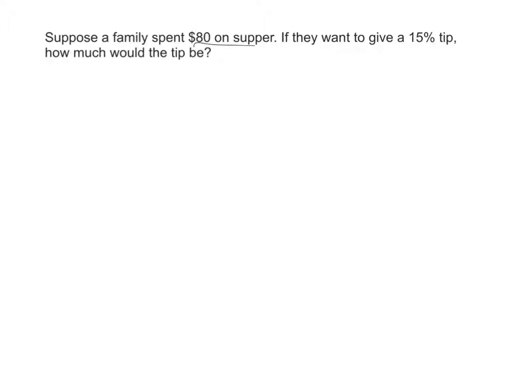This is how we do it. We're going to build our ratio. Let's deal with the percent first. That means I'll give the waiter or waitress $15 out of every 100, because percent means out of 100. So if I spend 100, I will give a tip of $15.